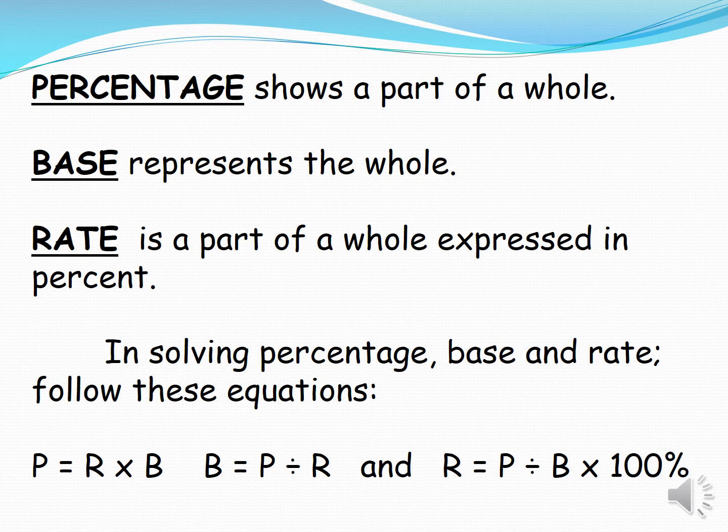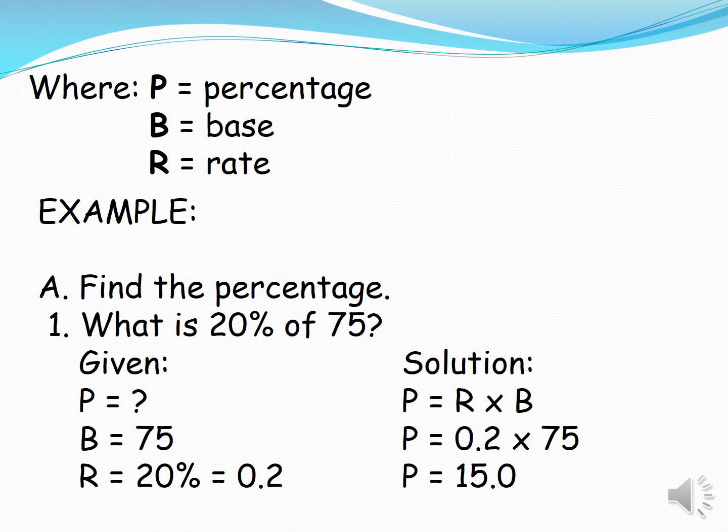Finding the percentage, we have P is equal to R times B. Finding the base, we have B is equal to P divided by R. And finding R, or rate, is equal to P divided by B times 100%, where P is the percentage, B is the base, and R is the rate.